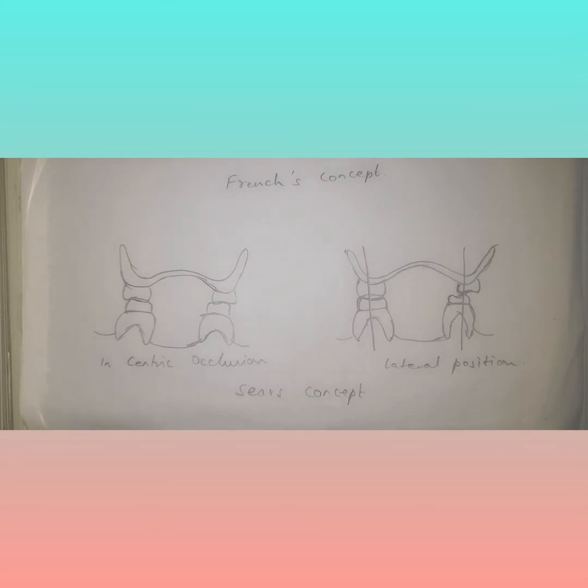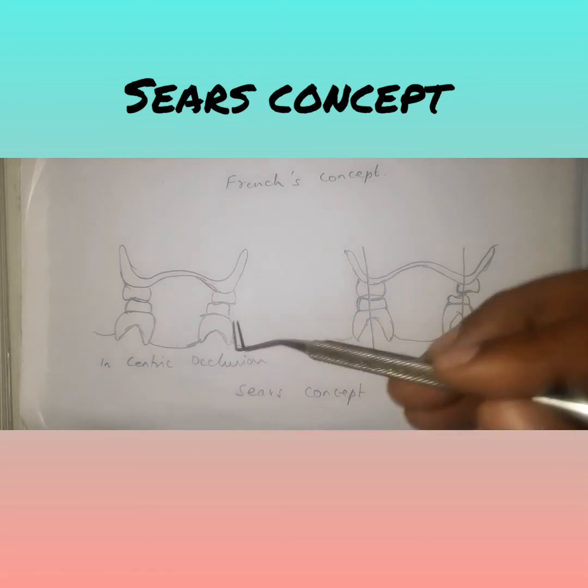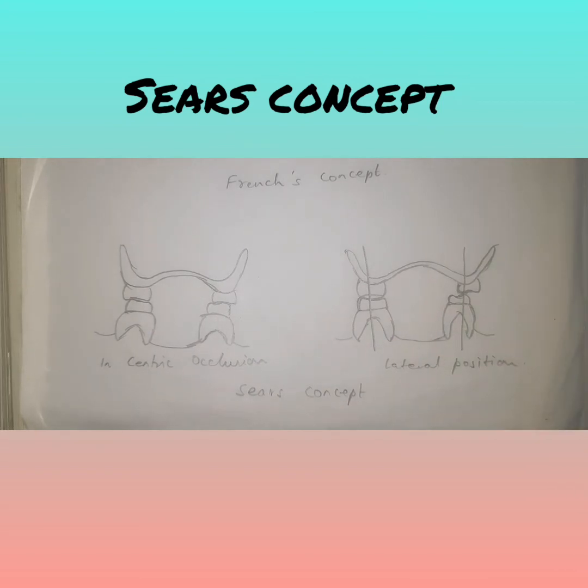Next concept is the Sears concept, which was given in 1949, and he introduced the balanced occlusion for non-anatomic teeth or 0-degree teeth, that is the flat teeth, using posterior balancing ramps or an occlusal plane which curves anterior posteriorly and laterally. That is how you can achieve balanced occlusion in non-anatomic teeth. So if you see in centric occlusion, the contact forces are directed towards the ridges.